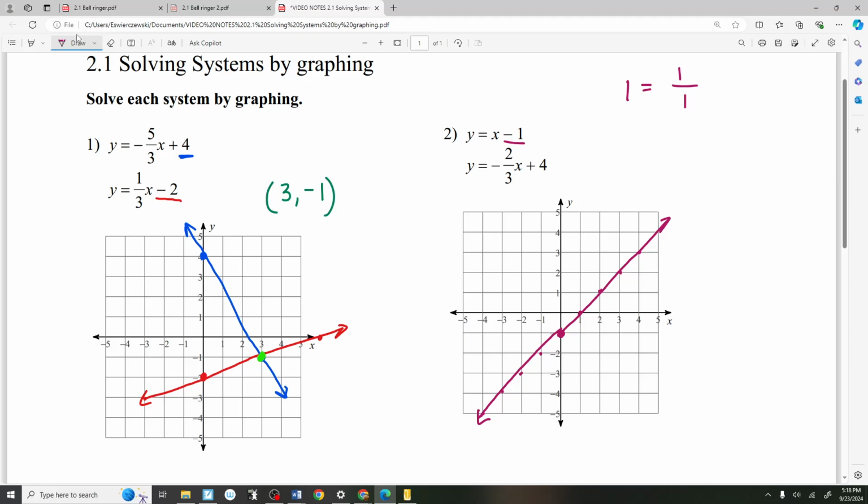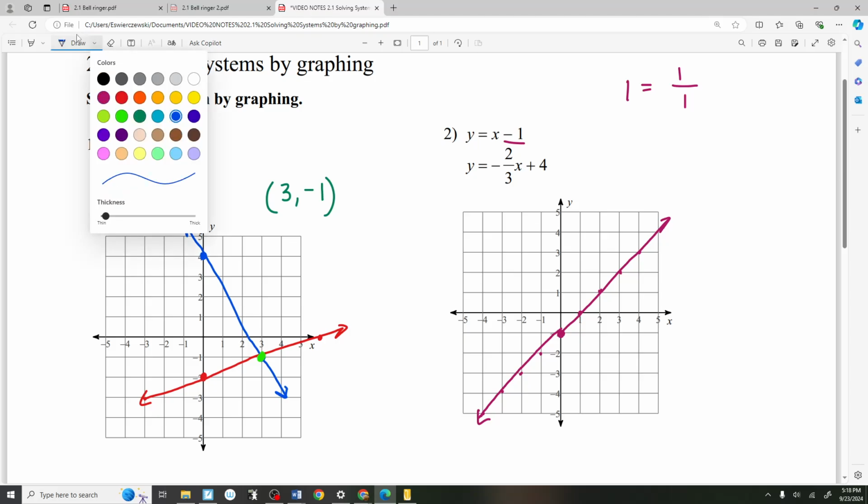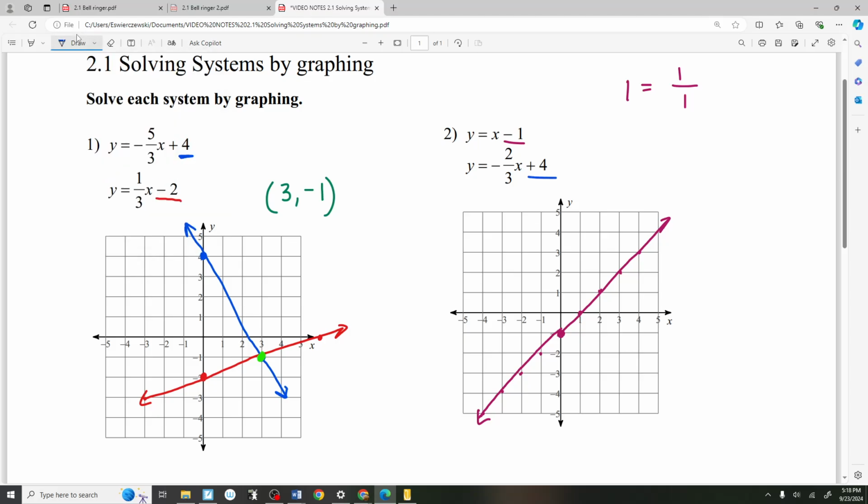And then the second equation has a y-intercept of 4 and a slope of negative 2/3. So again, I've talked about this in class, but a lot of times that negative sign is just going to be in front of the fraction, and it might help you to interpret it as either in the numerator or the denominator.